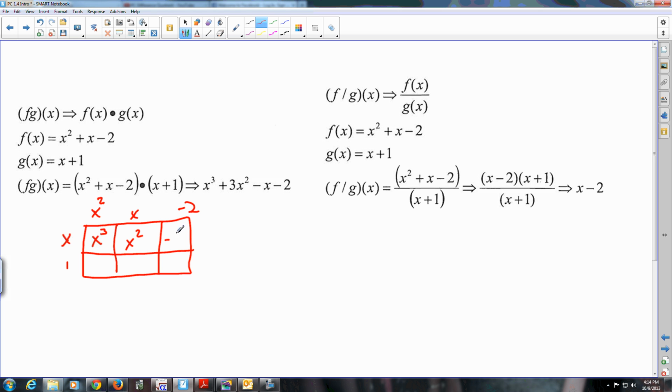X times minus 2 is minus 2x. 1 times each of those is x squared, x, and minus 2. And then usually diagonals are the same, are like terms. So your answer then is x cubed plus 2x squared minus 1x minus 2.